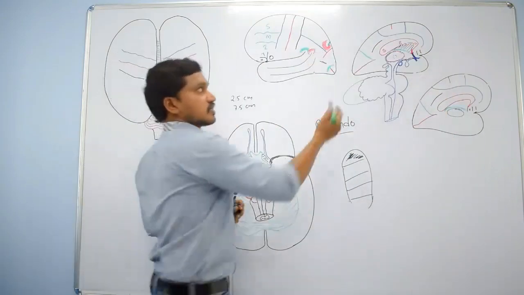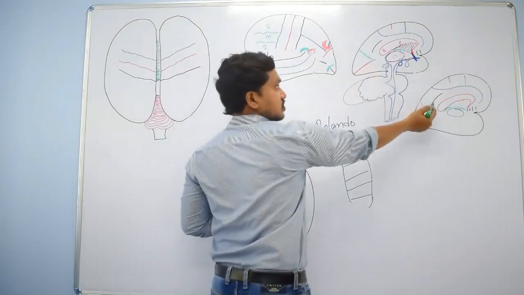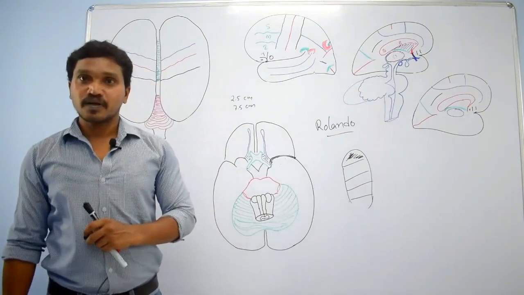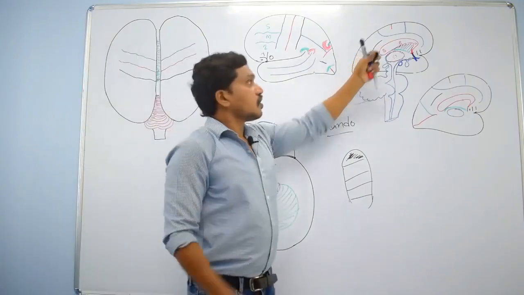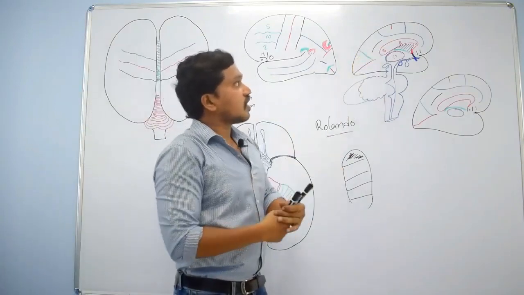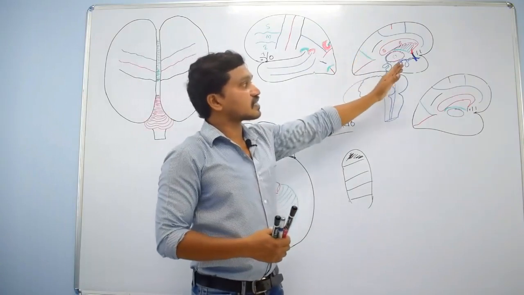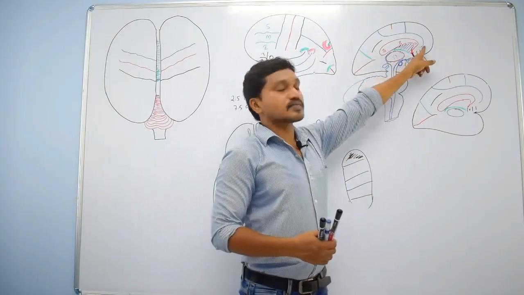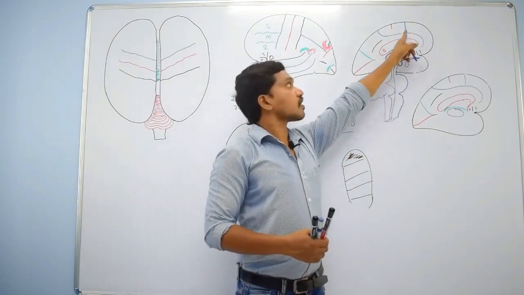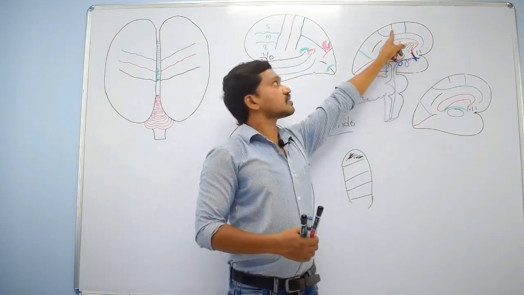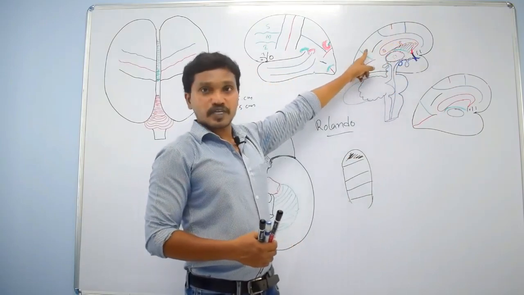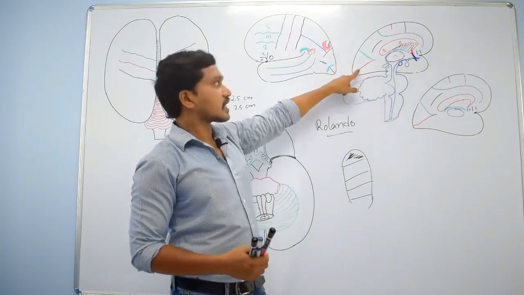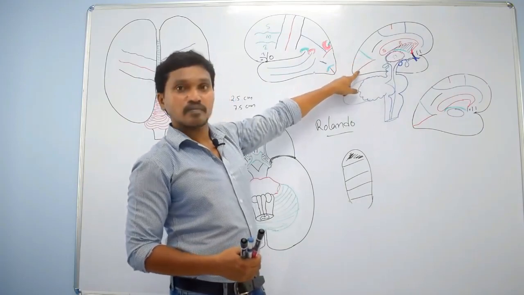Now you will see the different areas formed because of the cingulate sulcus, central sulcus, suprasplenial sulcus, parieto-occipital sulcus, and calcarine sulcus, right?